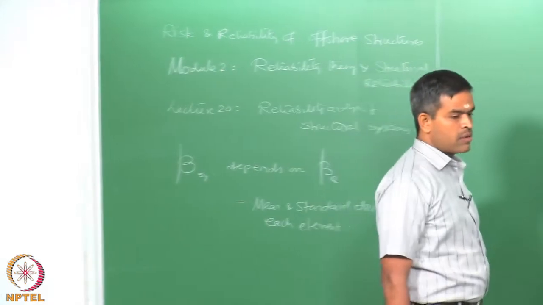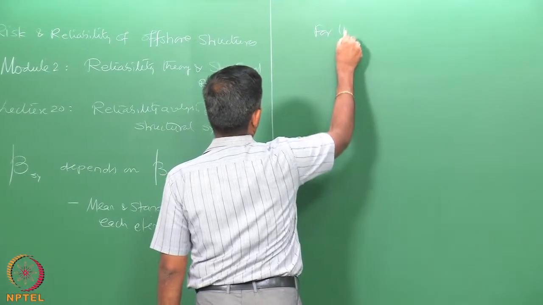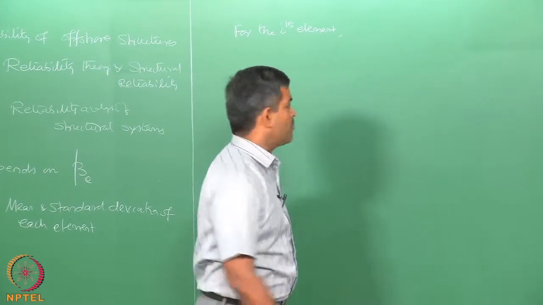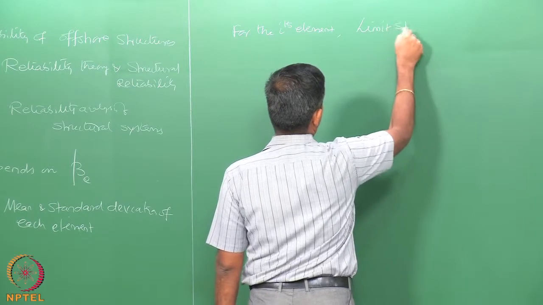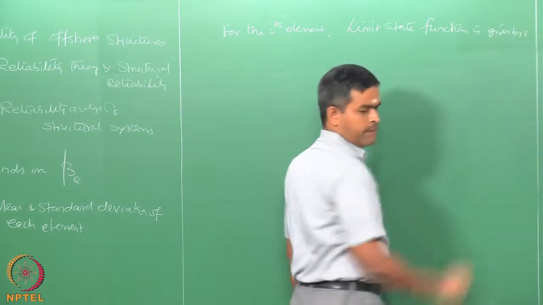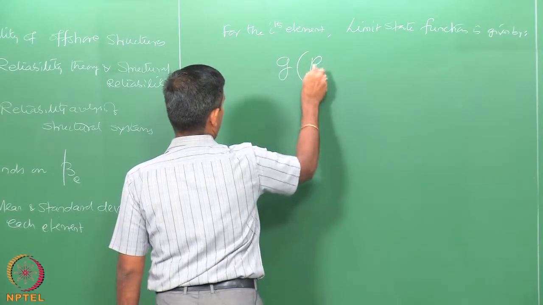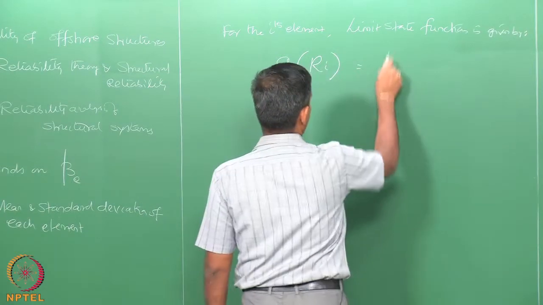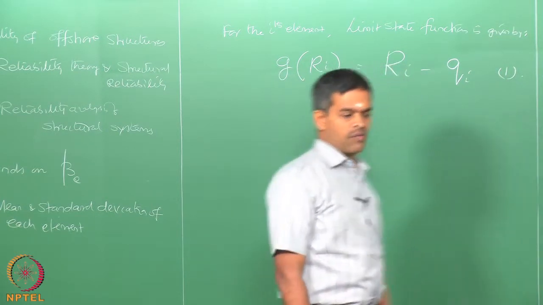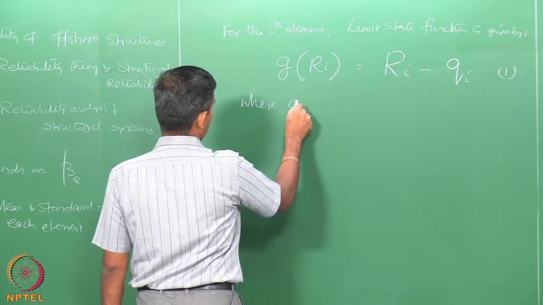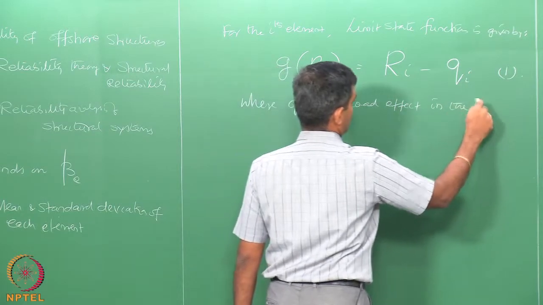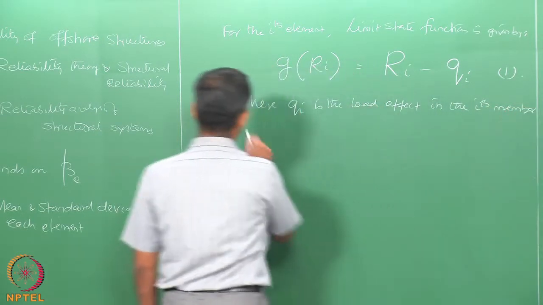Therefore, for the ith element, the limit state function can be given by, where Q I is the load effect in the ith member of the system.